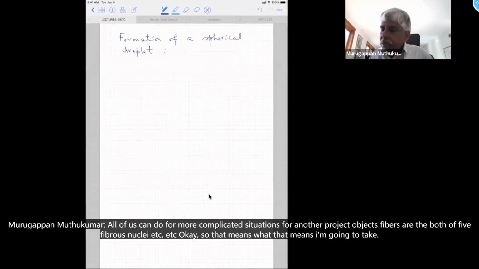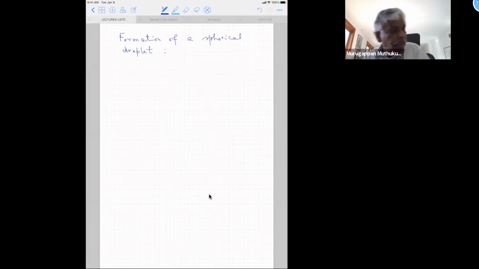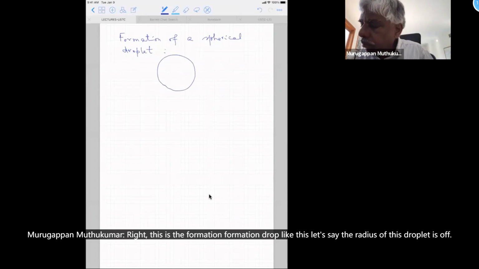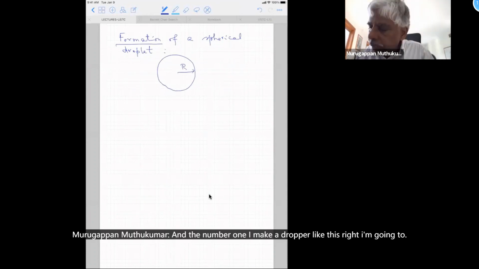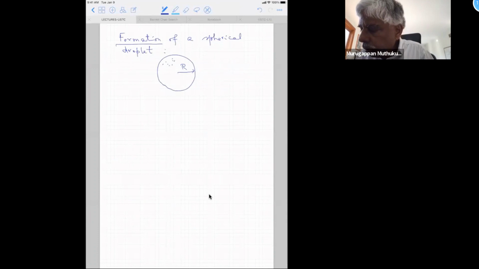Okay, so that means I'm going to take a droplet like this. This is formation of a droplet like this. Let's say the radius of this droplet is r. And remember, when I make a droplet like this, I'm going to do this phi double prime.